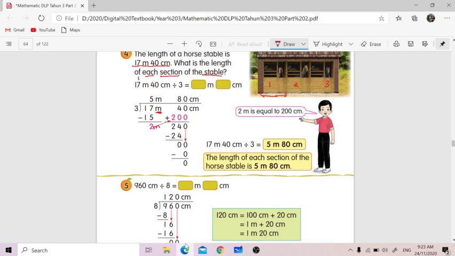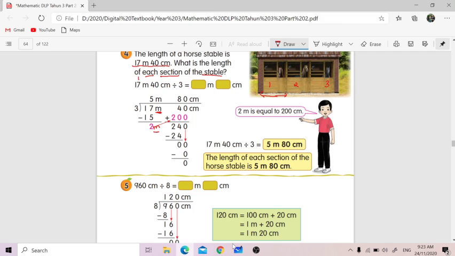Okay, sebab di sini, unit ni meter. Okay, untuk meter dah habis dah. So, equivalent to 2 meter. Tapi, so dekat sebelah ni, sentimeter. So, kita tak boleh nak buat long division tadi, okay, macam biasa. Maksudnya 2, and then turunkan 4 terus. Jadi 24. No, tak boleh. Sebab dia berbeza unit. Yeah?